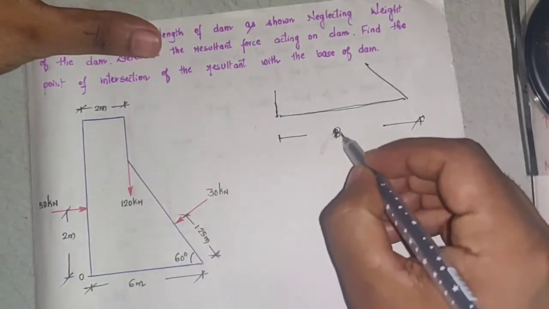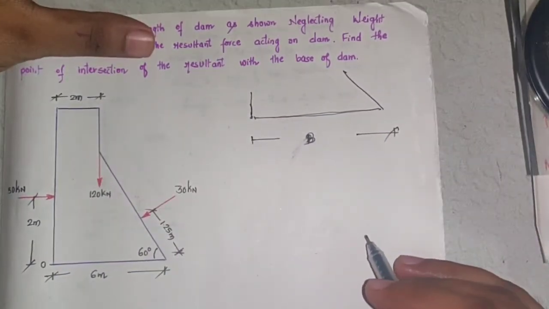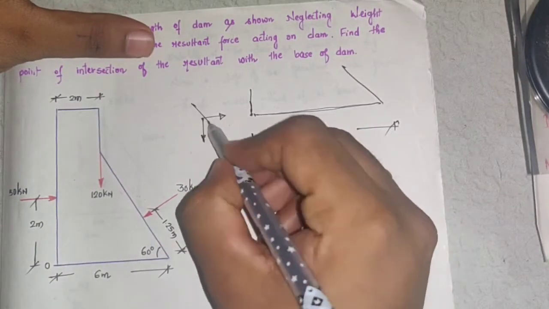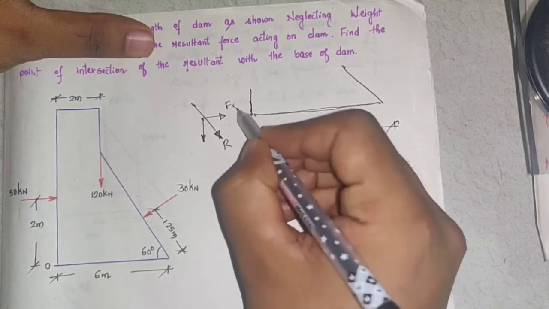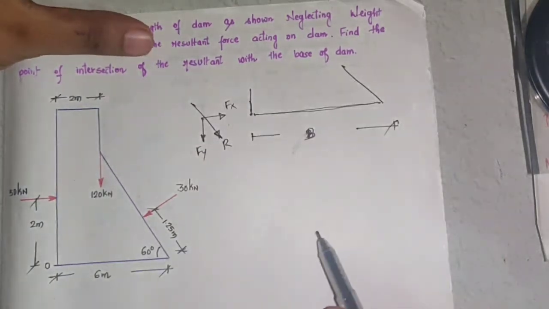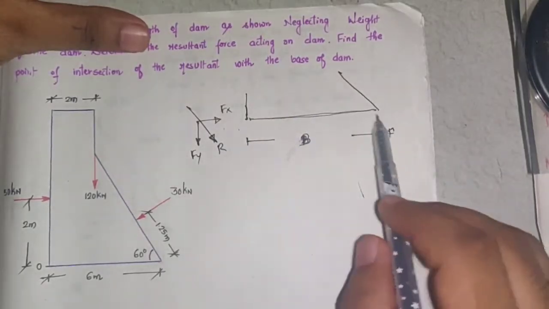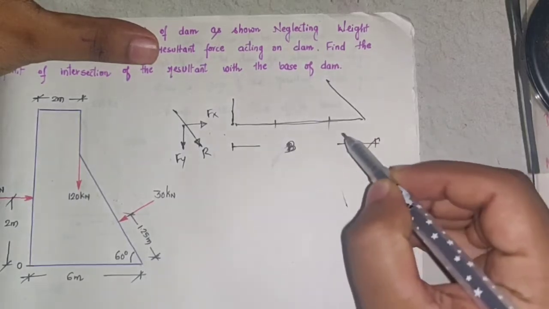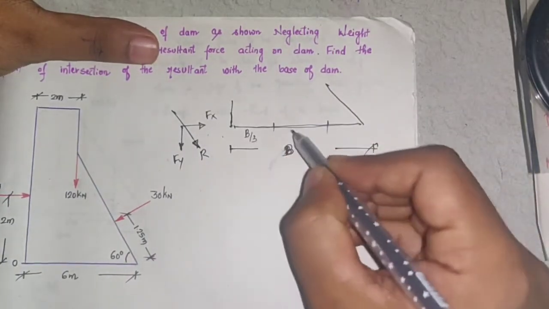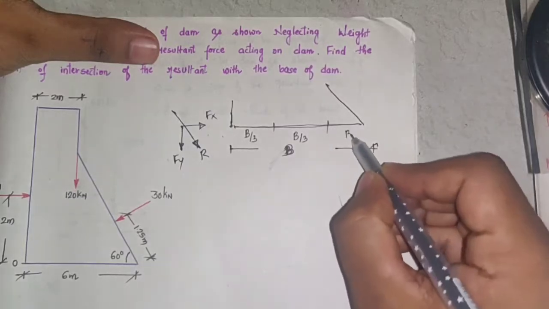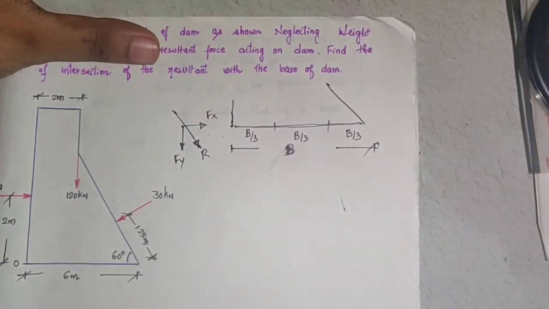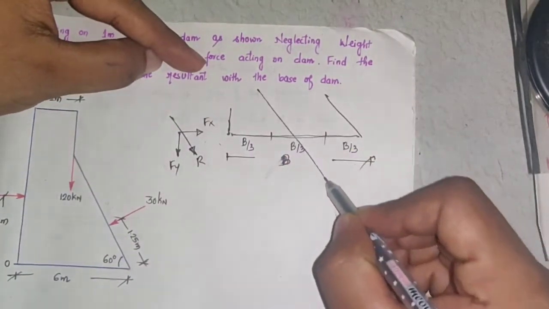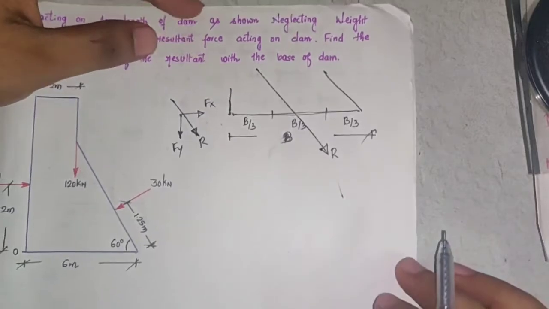If the base is taken as B, then the resultant of all the forces, that is the resultant of Fx and Fy, should pass within this base width B such that if I divide this base into three parts, this is 1/3 of B, this is 1/3 of B, and this is 1/3 of B, the resultant should pass like this.